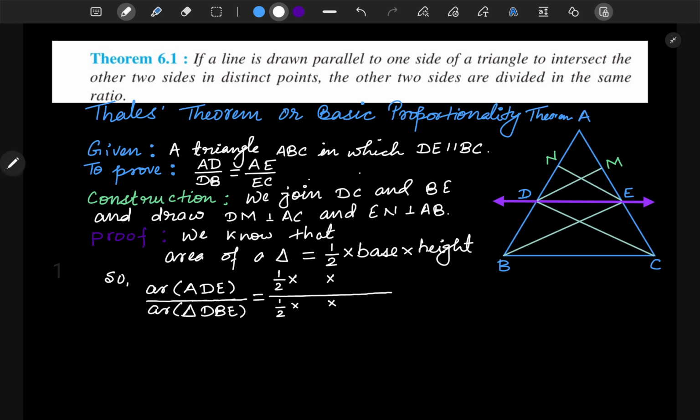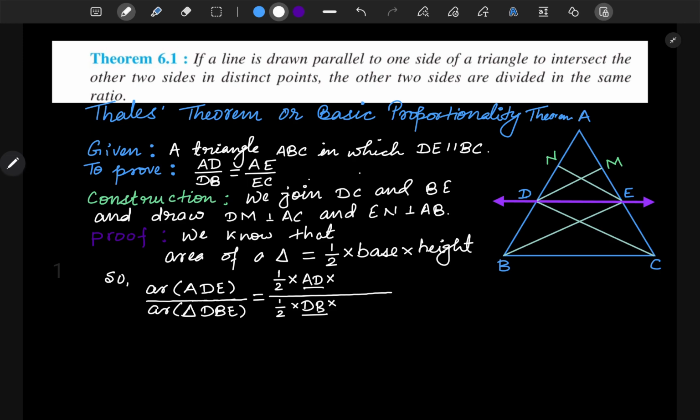For the triangle ADE, we'll take the base AD, and for triangle DBE we'll take the base DB. You will notice this AD and DB is the same as what is given in the to prove section, AD upon DB.